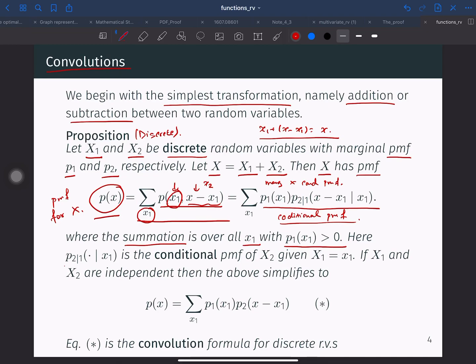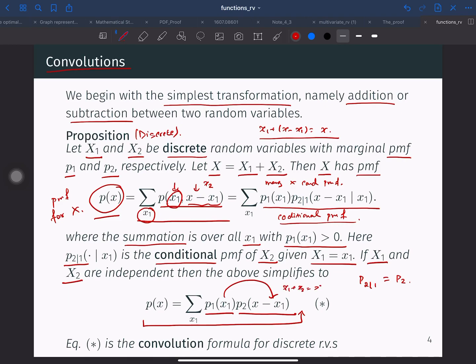Like I said here, P2 given 1 is just the conditional PMF of x2 given x1 equal to the value little x1. In the very commonly used case, when x1 and x2 are independent, in which case the conditional PMF is the marginal, then this reduces down to the marginal for x1 multiplied by the marginal for x2, making sure that x1 plus x2 is equal to x.